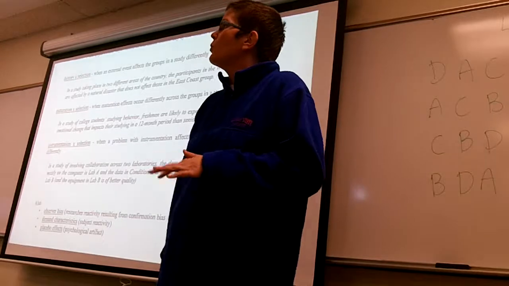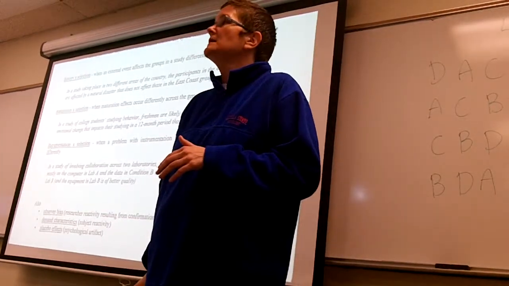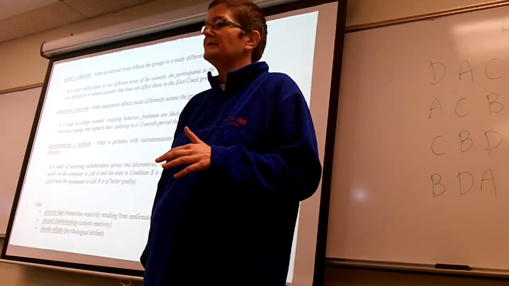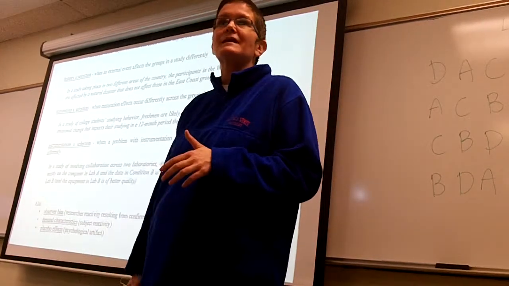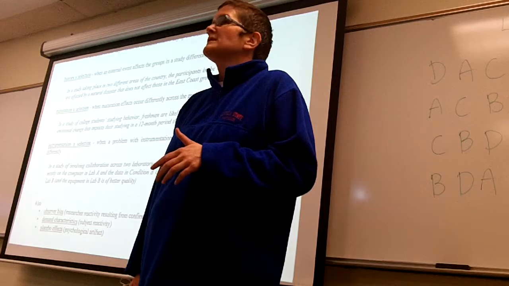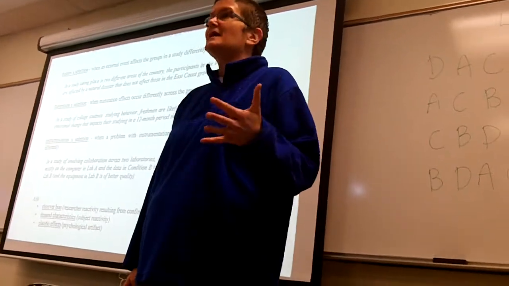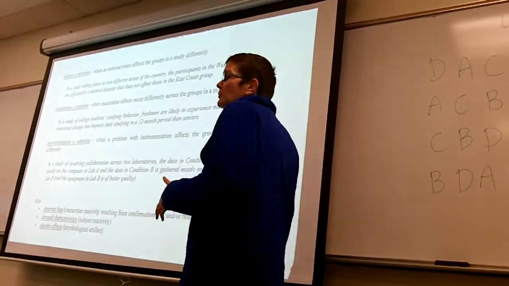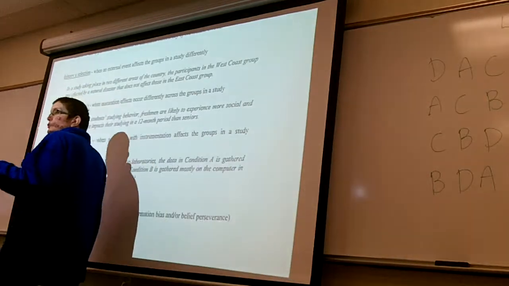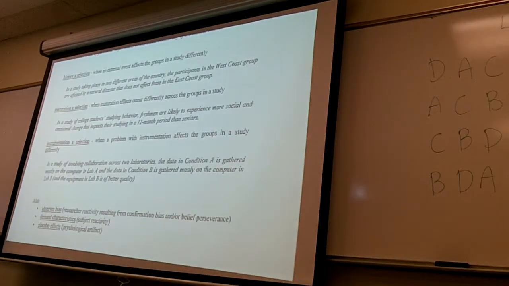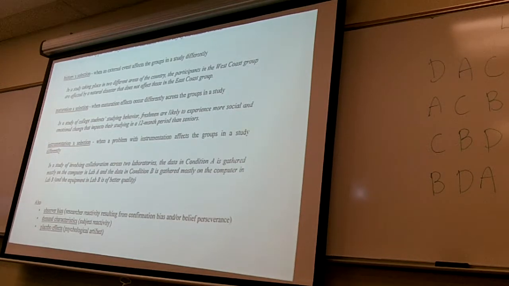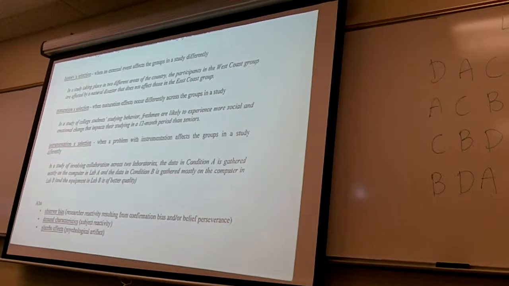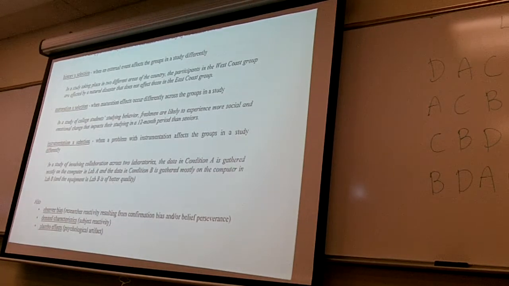And one of the places where you're doing the study has really bad weather for a period of time and nobody wants to go out and do it, while the other place has nice weather and everybody keeps generating data for your study. Well, that's a problem. That's a history by selection effect. The bad weather only affected one of your groups, not both of your groups. So that's a concern. Maturation by selection can happen because some groups mature at different rates than others.